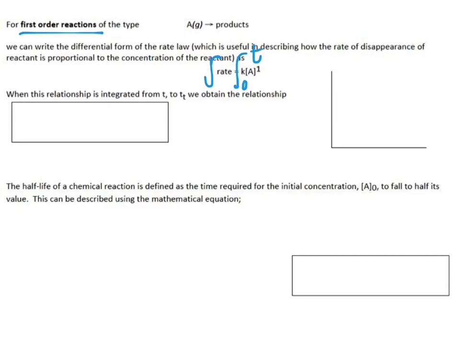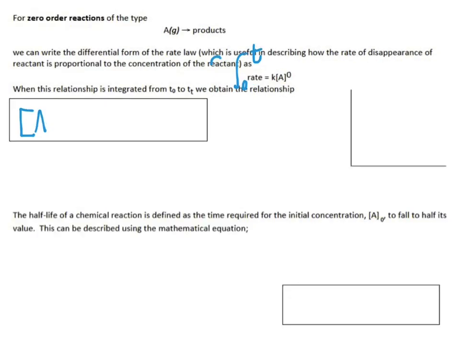When they integrated it, they came up with the following relationship: the ln of A minus ln A naught, our initial, is equal to negative kt.